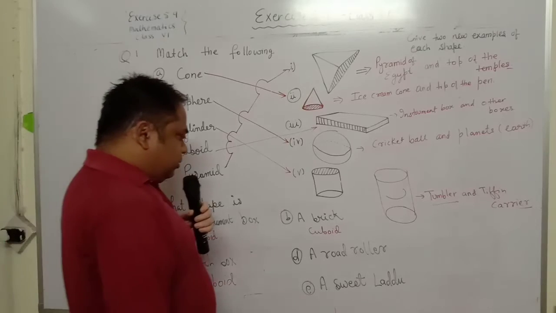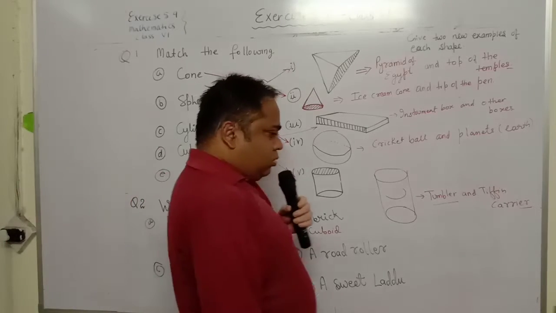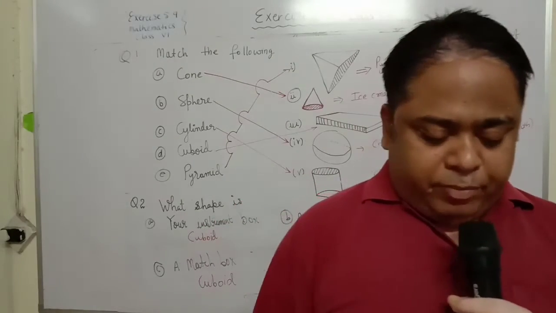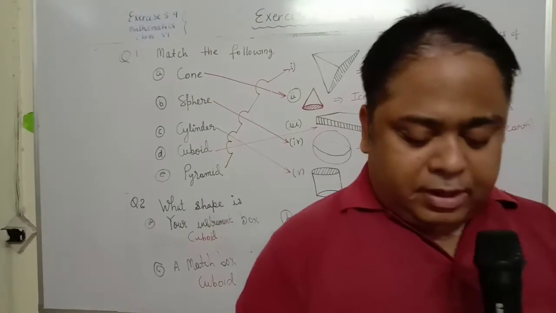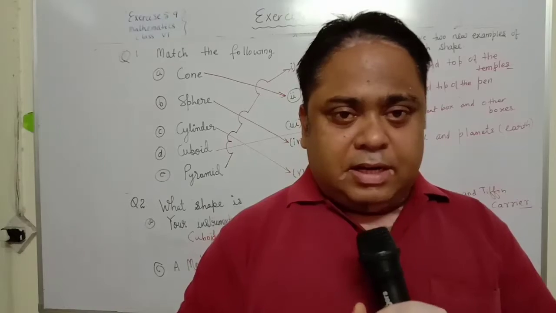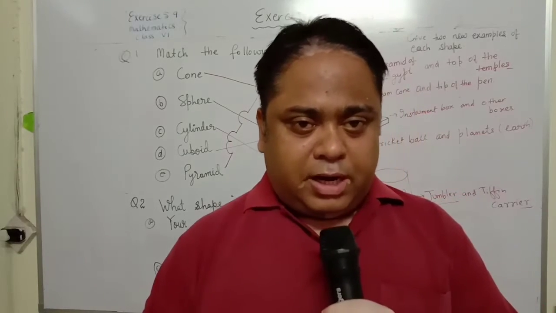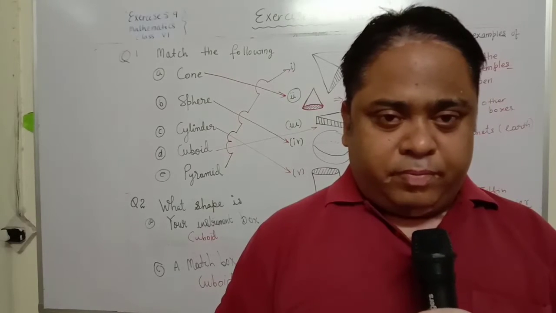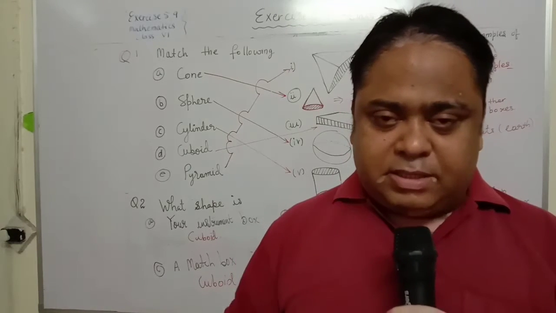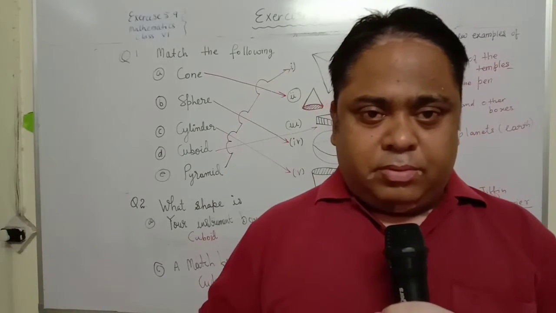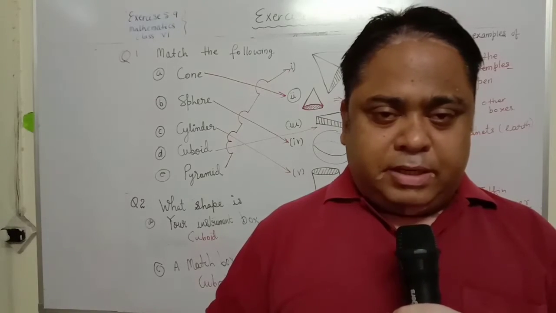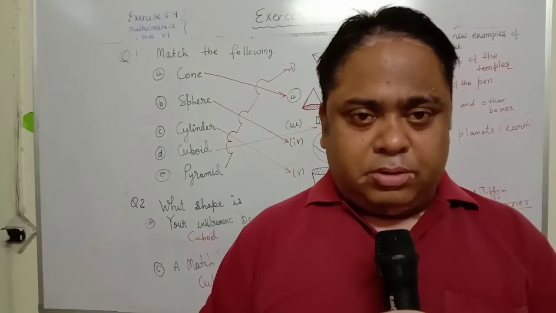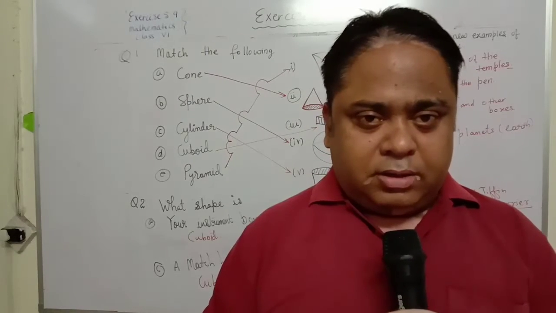A road roller. What is a road roller? You will see that when construction of the road takes place, at that time a vehicle comes which has a cylindrical drum instead of tire. This cylindrical drum is very heavy and it presses the materials which are put up on the construction site of the road, like the coal tar, grits.